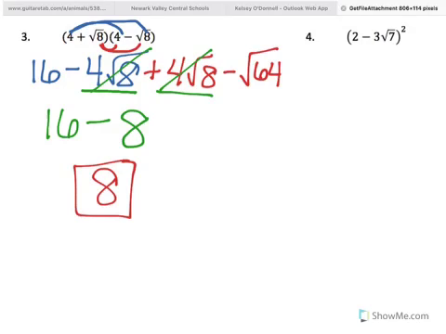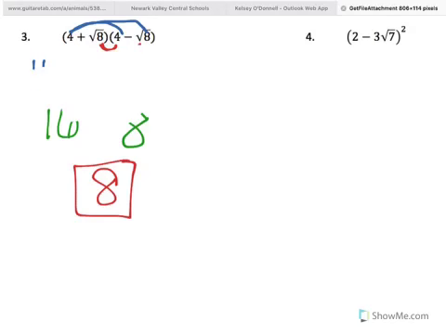And for number 4, it's 2 minus 3 radical 7, the whole thing squared. We can't just square what's inside the parentheses, we actually have to write it twice. So let's get rid of this, so we have plenty of room.